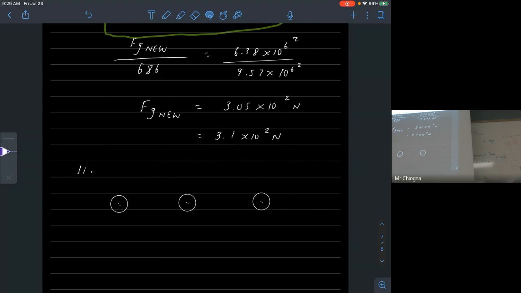Yeah, if we look at this problem, they're all the same mass. So the question is, what is the force on this object here? On object 2, due to 1 and 3.